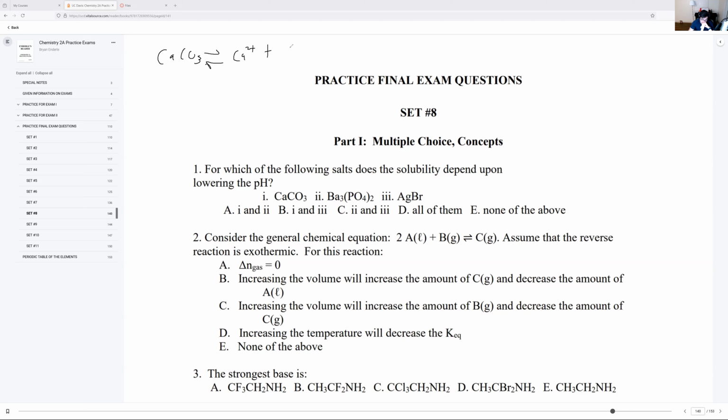Ca2+, CO3 2-, Ba3(PO4)2. I think barium is a 2+.